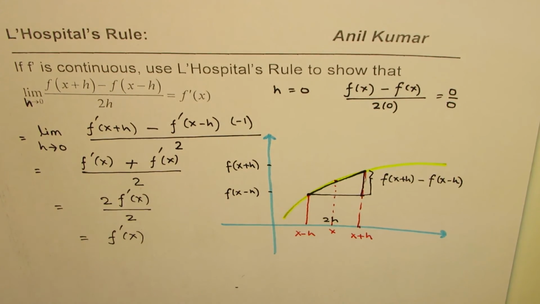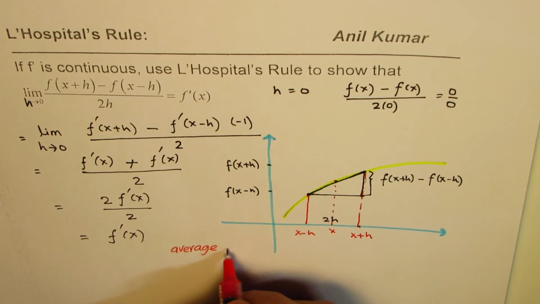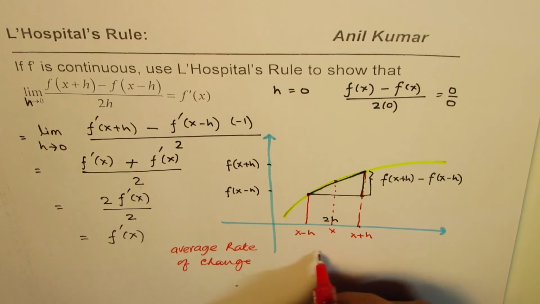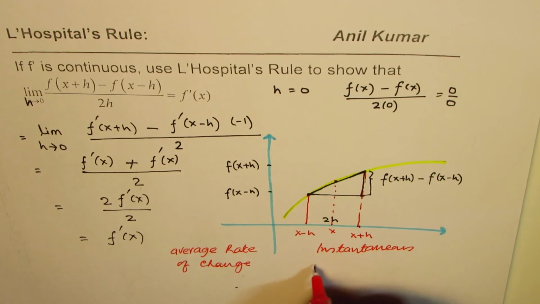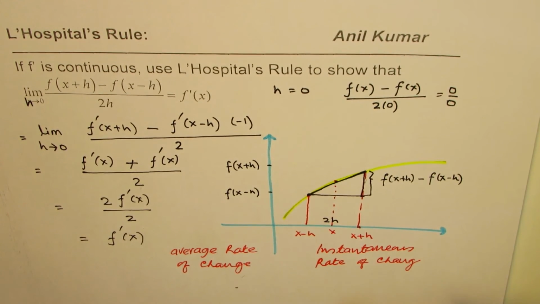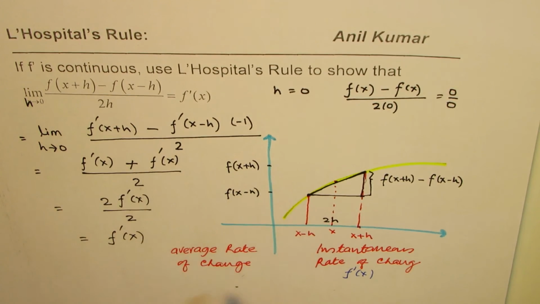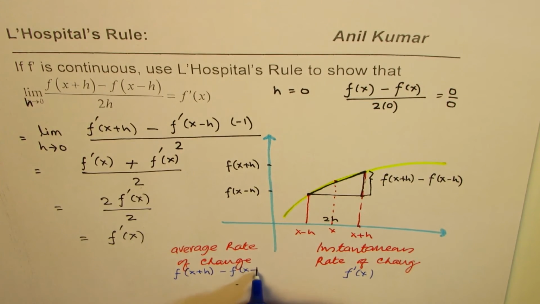So in a way, what we have done here is relate the average rate of change with the instantaneous rate of change, which in our case is f'(x). The average is this ratio, the difference quotient [f(x+h) - f(x-h)]/2h.